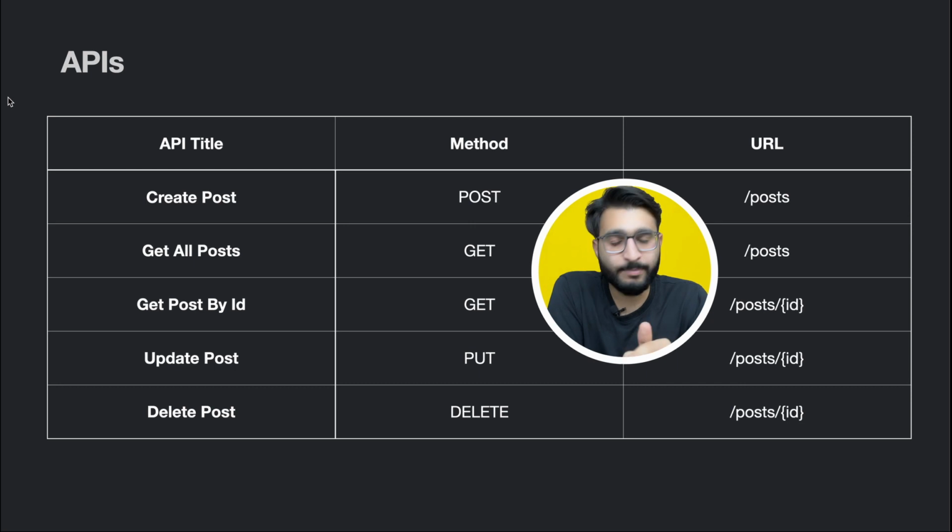So this API will work for me. The next API that I'll be creating is update post, to update any post. One thing you can notice here is that to get any post by ID or to update any post, you may require some ID, right? Because without any ID, how would I identify which particular post the user is asking for?